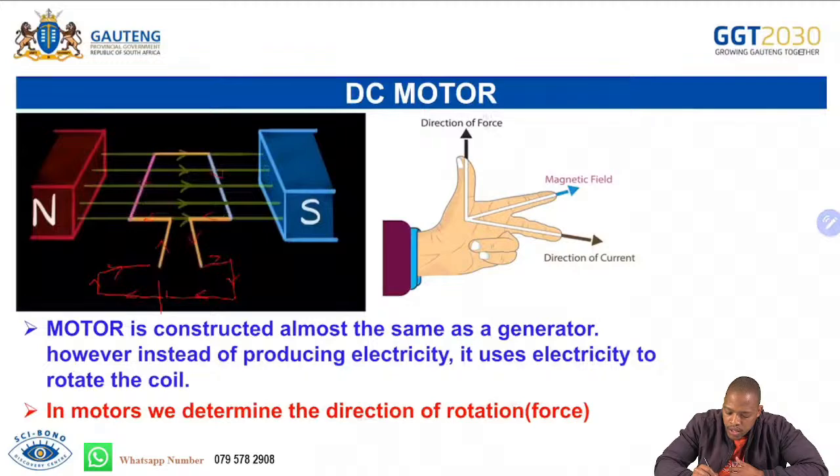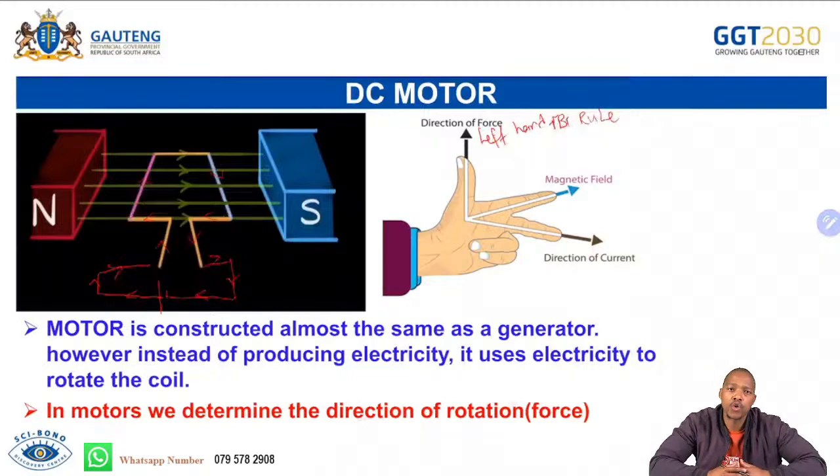We use the left hand FBI rule, Fleming's left hand rule, the left hand motor rule, for those that call it like that, or the left hand FBI rule, as I like to call it. Again, why am I calling it FBI?